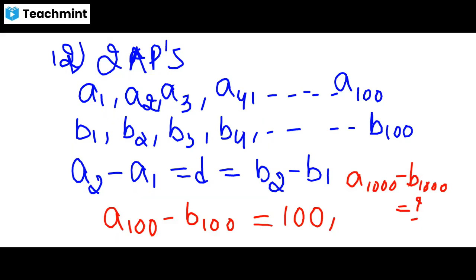In general form, A100 is A plus 99D, minus B plus 99D. Yes. Next, what do you get? Plus 99D minus 99D cancels. Very good. So here A1 minus B1 is equal to 100. So how are you writing A100?